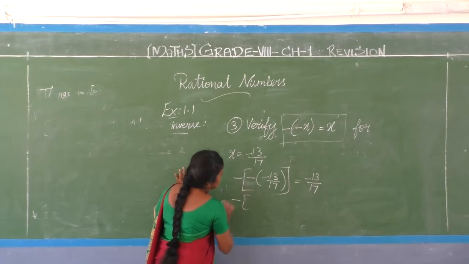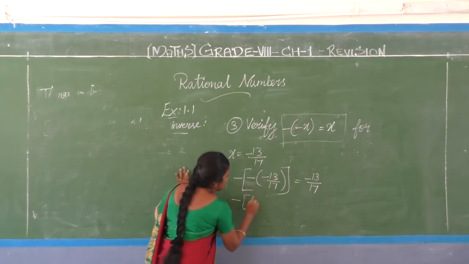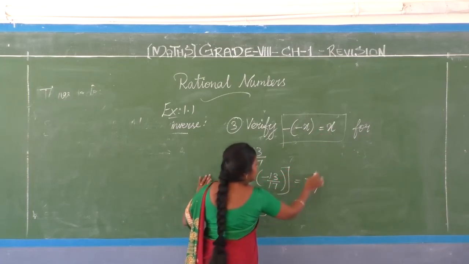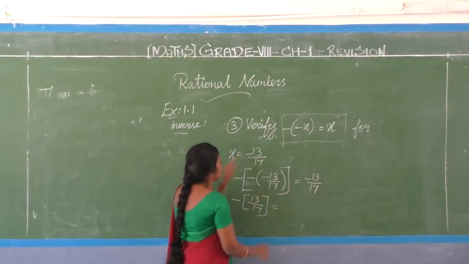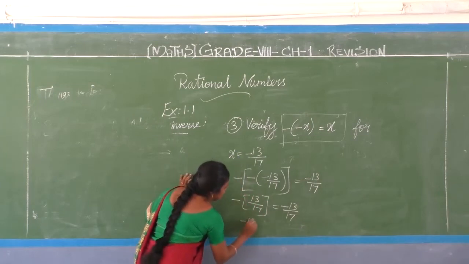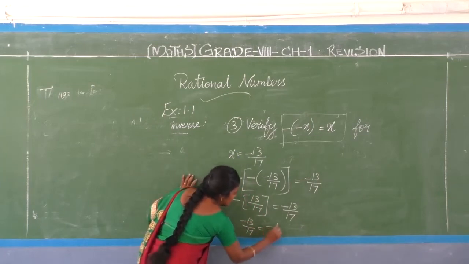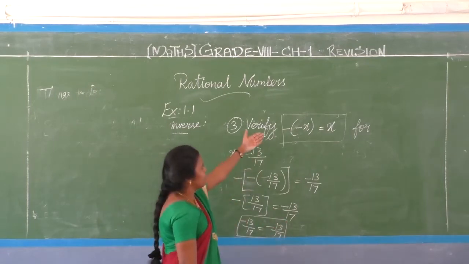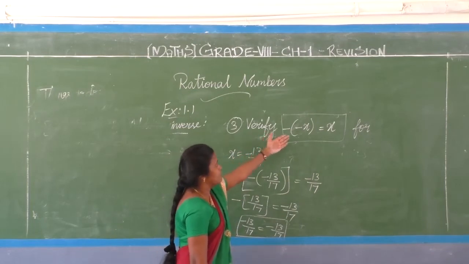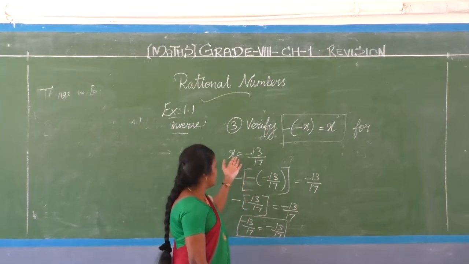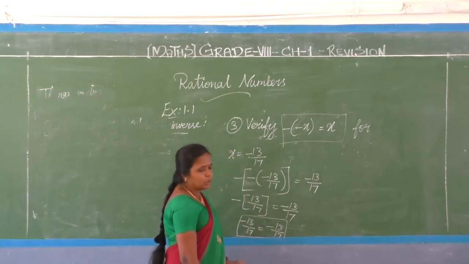Minus as it is, minus into minus is plus, so plus 13 by 17. Outside there is already a minus. Right hand side also, the x value given in the question is minus 13 by 17. So the left hand side is minus 13 by 17. So we have to solve and verify the result: minus of minus x equal to x. Clear? Like this only, by taking the x value differently, you have to solve. Clear?